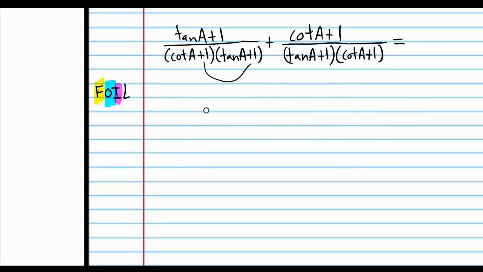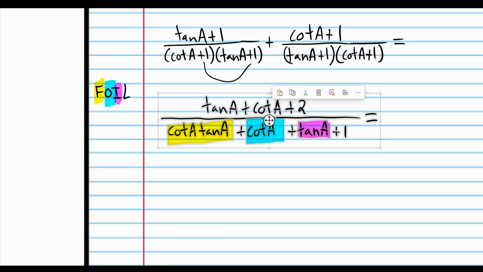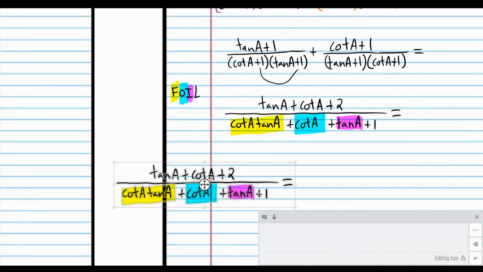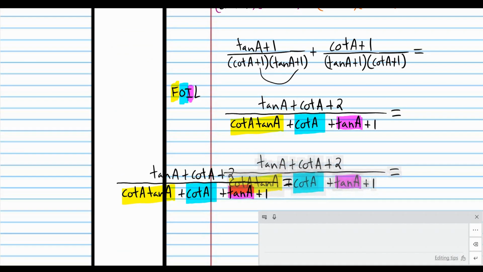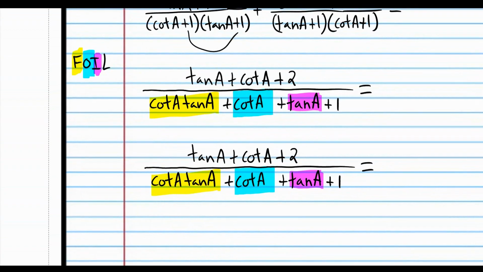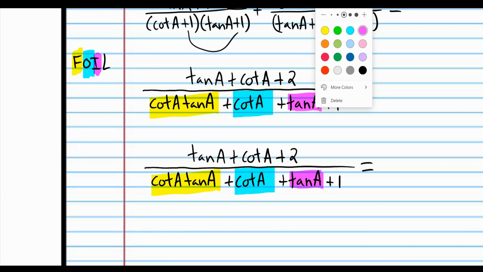You don't have to show this next step. You can kind of just do it in your head if you want, but we need to show exactly what's going on. So I'm going to rewrite, and by the way, we need a color for the last term there. What color should we use? I'm going to use green.